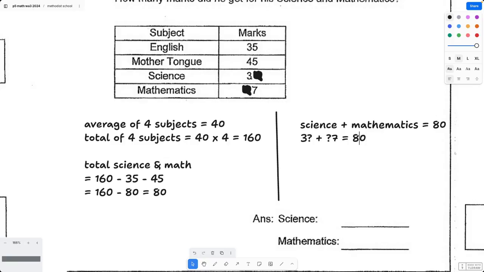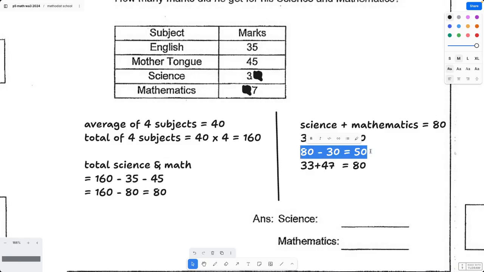So the easiest way is, if you minus 3, in essence, if I were to say 33 plus 47 equal to 80. I think the easiest way is like 80 minus 30, for example, 30 is equal to 50.